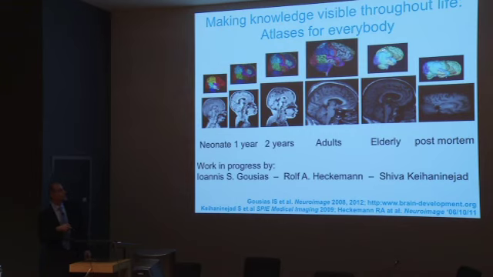I will show later how we're now able to label the brains of very elderly subjects, and in collaboration with the Allen Institute, we've also tried to label post-mortem brains. These were their first post-mortem brains, and you can see that they hadn't been correctly stored after death, and they resemble somewhat a loaf of bread. These days, they've got much better quality images.